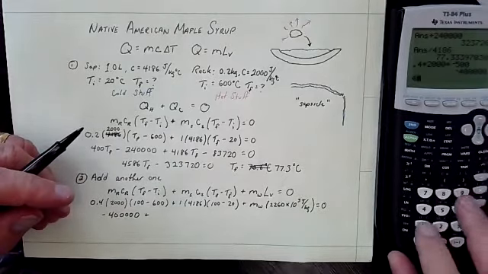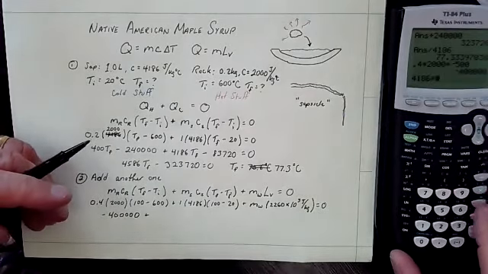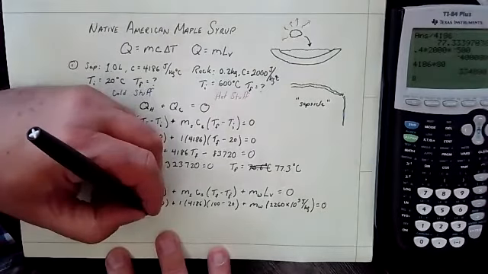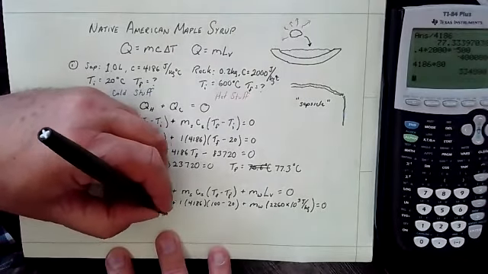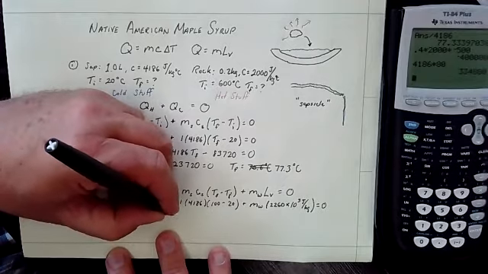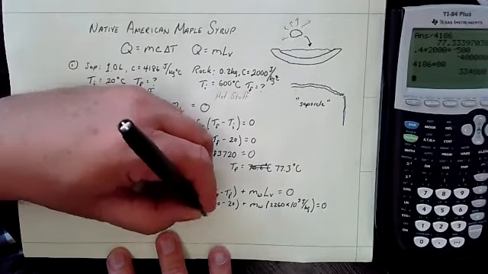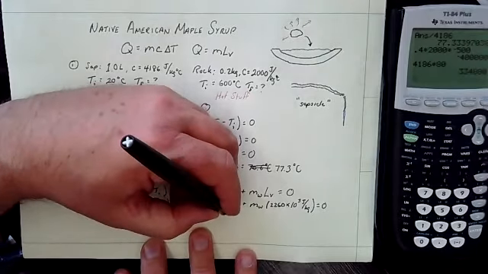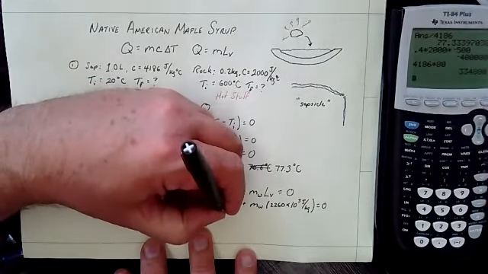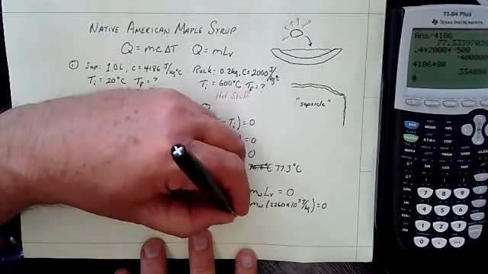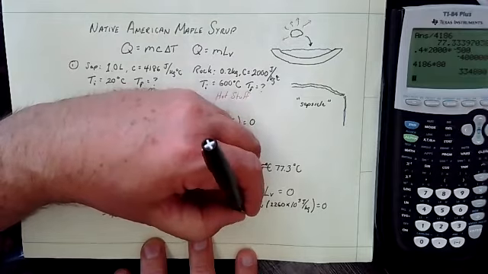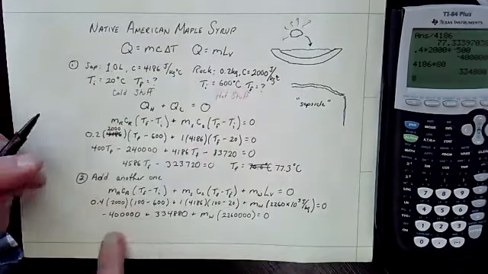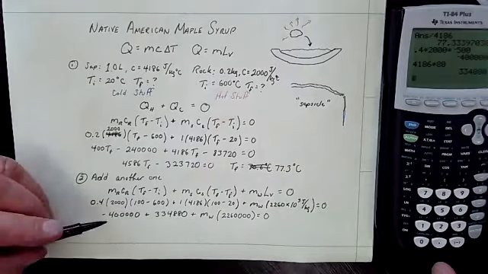So 4186 times 80 plus mass of water times 2260, and then I'll just add it in instead of having scientific notation. Great. So these just add up, which is great.